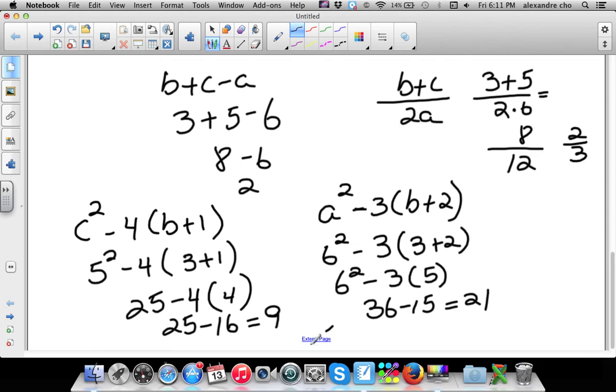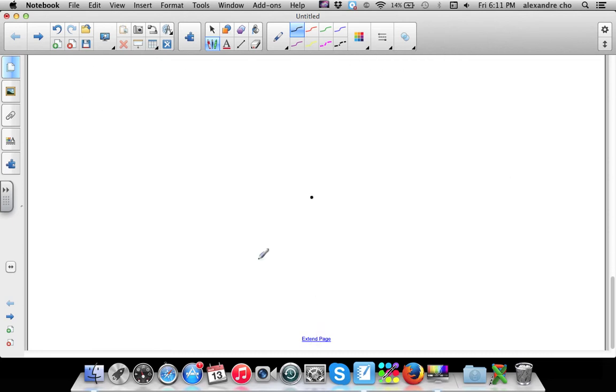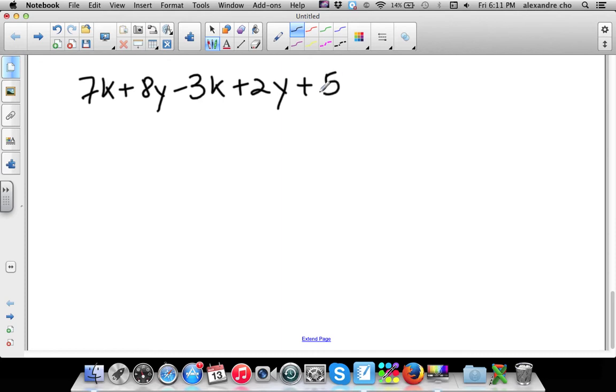Combining like terms. So let's move this a little lower. So you have an expression where 7k, I'll actually write it out, plus 8y minus 3k plus 2y plus 5. Okay. Let me have colors, so let's use it. So here, I'm going to circle all the terms that have k, and I really want you to be careful.